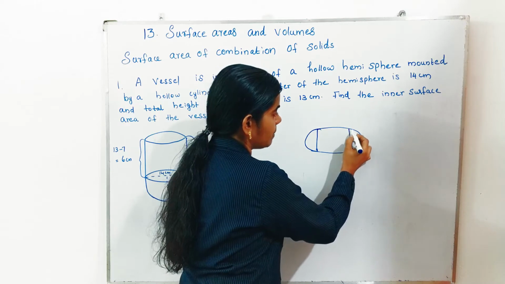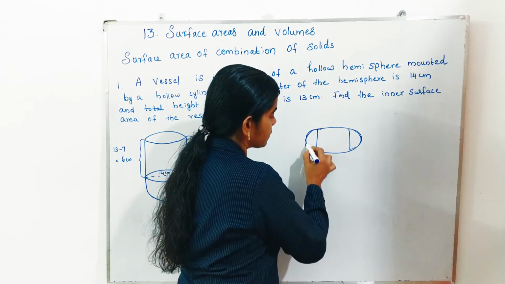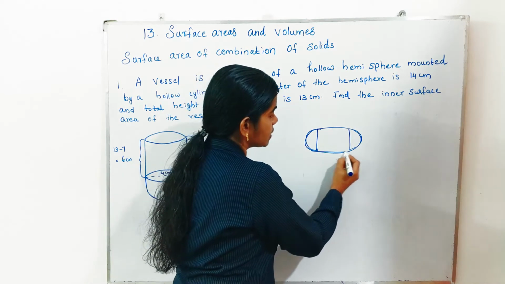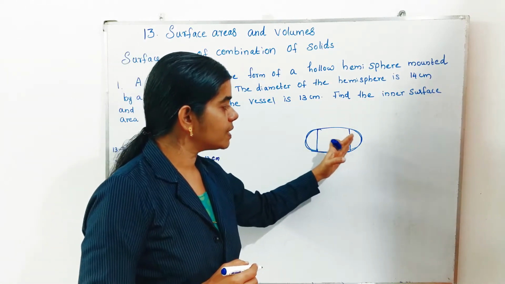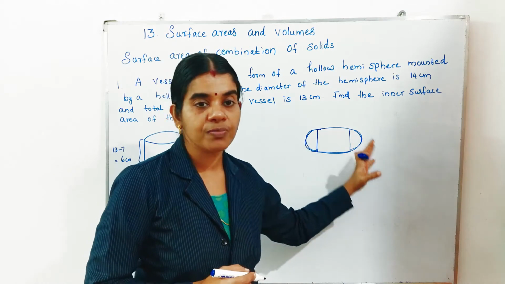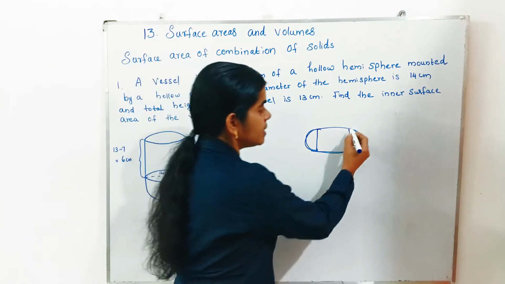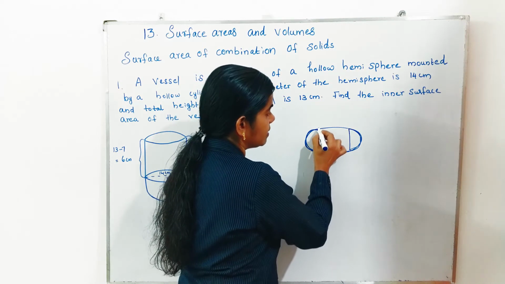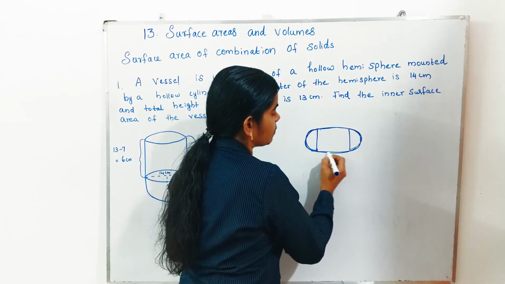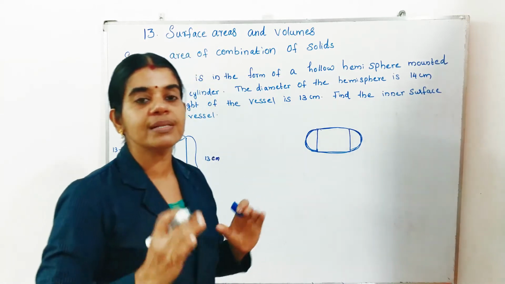Here this will be a hemisphere, here also a hemisphere, and in the middle this will be the cylindrical shape. So for finding the total surface area of this shape, you want to find the CSA of the hemisphere, here also the CSA of the hemisphere, then the CSA of the cylinder.